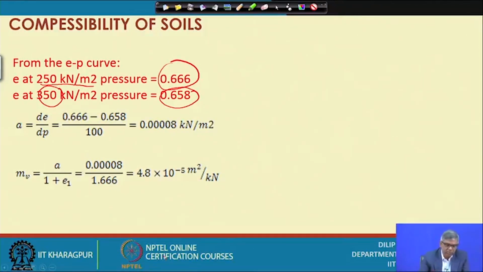Once you get these two void ratios, from the e versus p curve, the slope of the e-p curve is a.